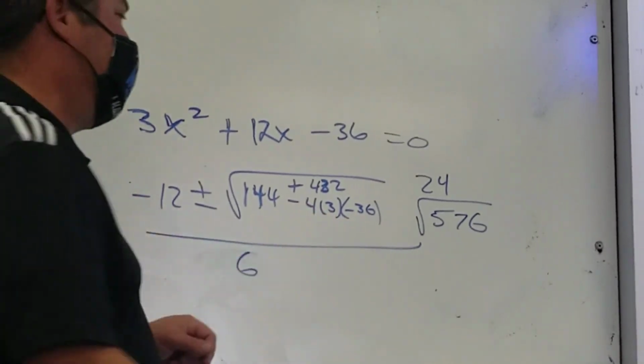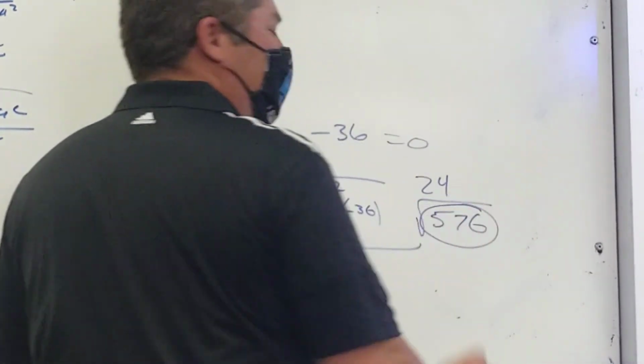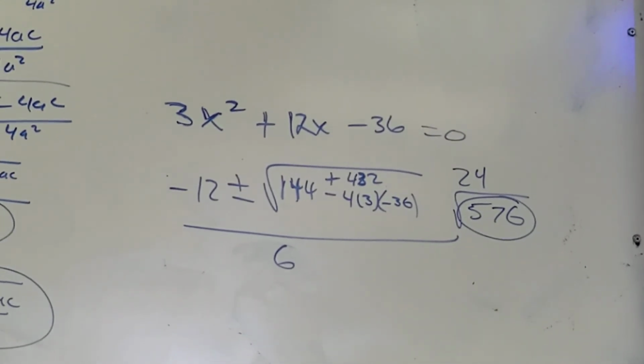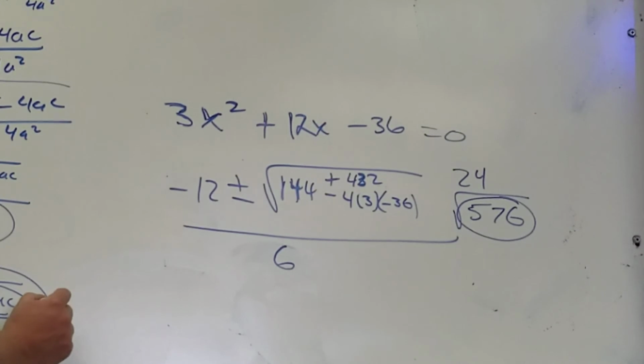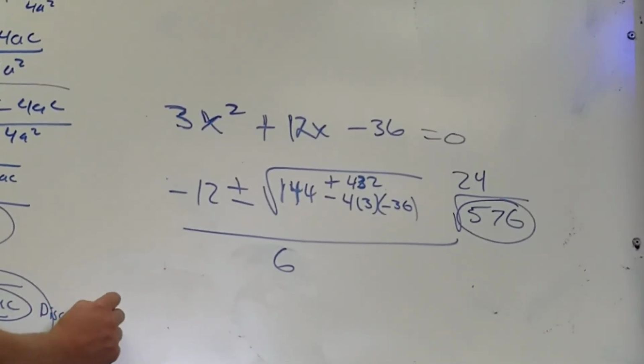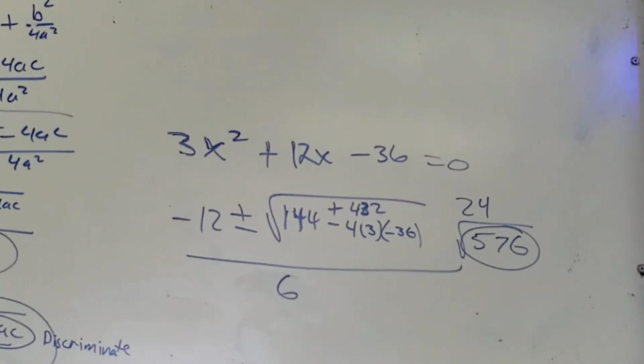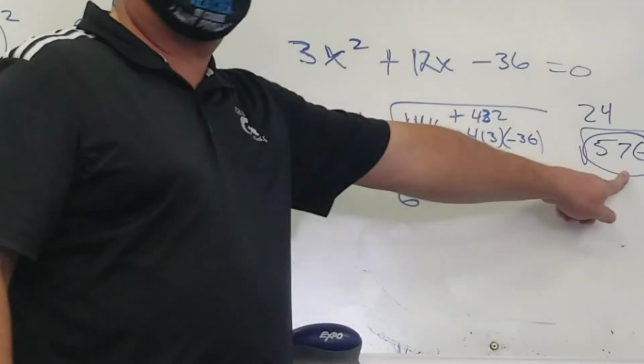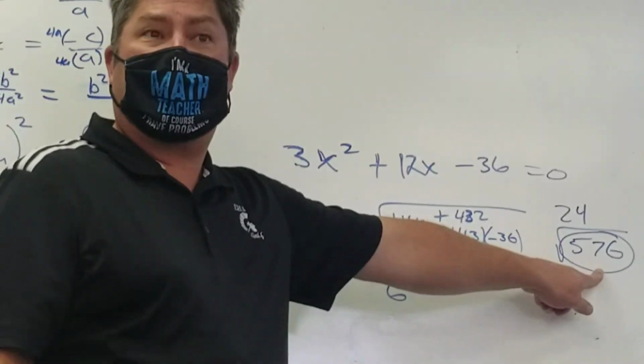Now, by the way, this part right here is called the discriminant. We'll talk about that later, but I'm going to circle it here in the formula so that you can remember that. It's going to tell us the nature of the roots. We'll get to that in a minute, okay? But for now, just realize this discriminant was a perfect square.